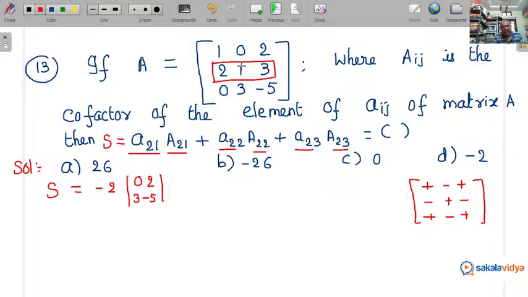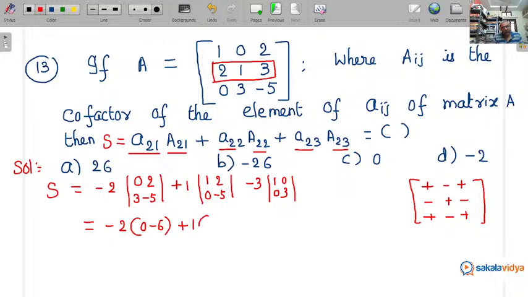Now plus sign, a22 is 1, plus 1 into the determinant of deleting this row and this column: 1 2, 0 minus 5. Here the sign is minus: minus 3 into the determinant of deleting second row third column: 1 0, 0 3. These are 2 by 2 matrices. Determinants: minus 2 into (0 into minus 5, minus 3 into 2, that is minus 6), plus 1 into (negative 5 minus 0), minus 3 into (3 minus 0).